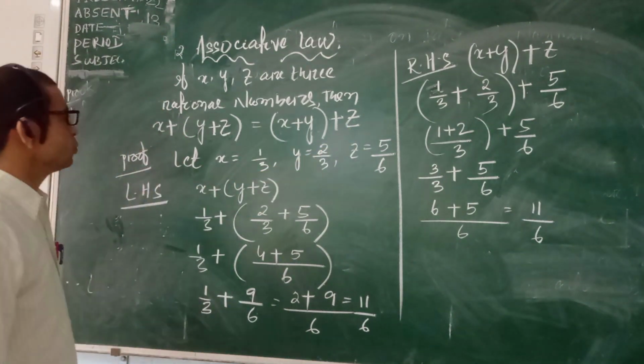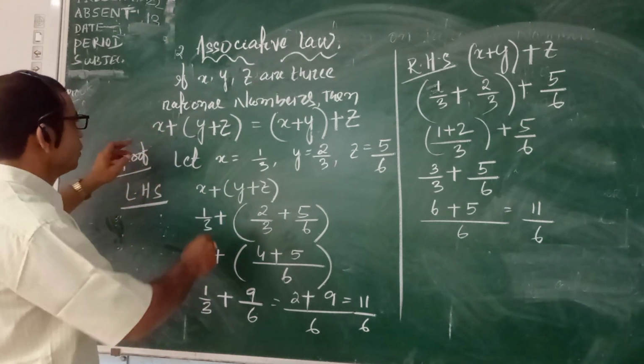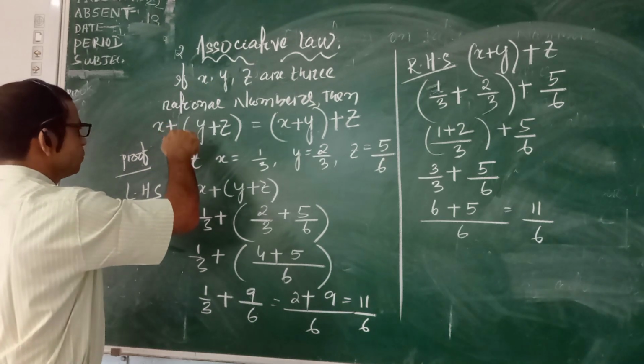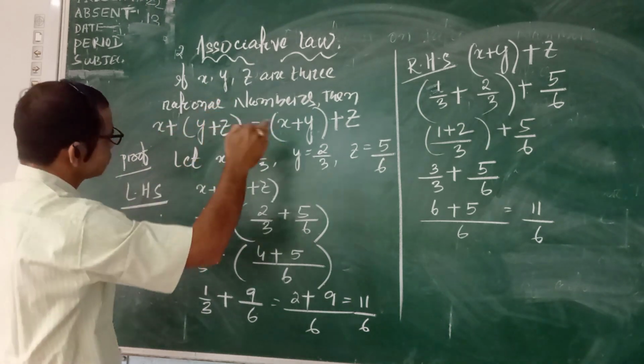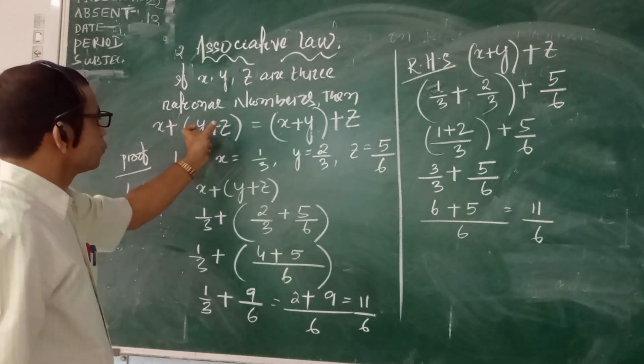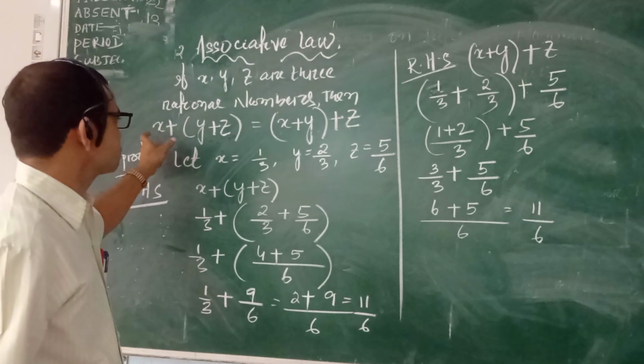If you want to write it another way, "Sir, I want to write it differently," for example x plus y inside the bracket in the LHS first, and the remaining one outside, that is also correct. It is up to your own choice. Two rational numbers should be inside the bracket and one must be outside.